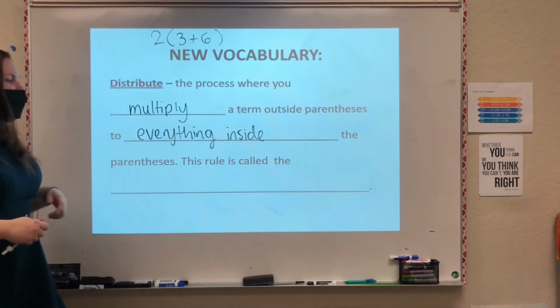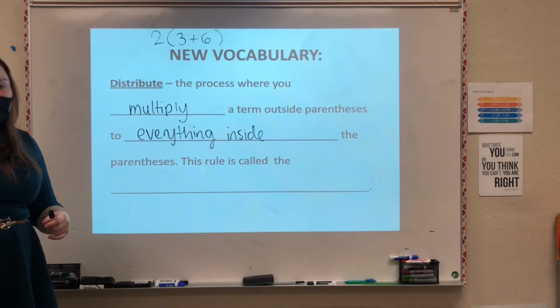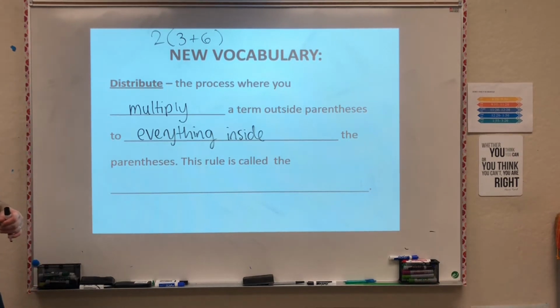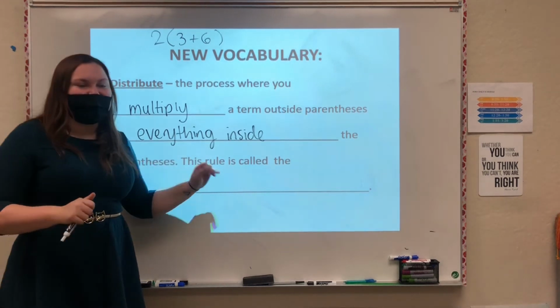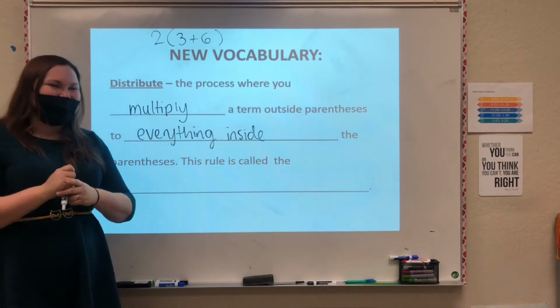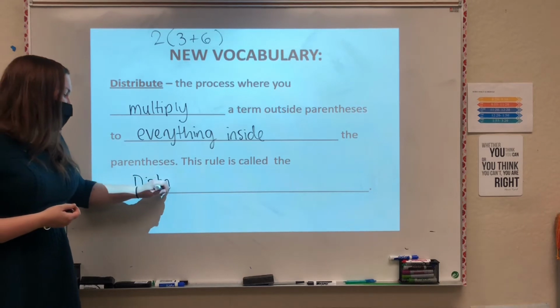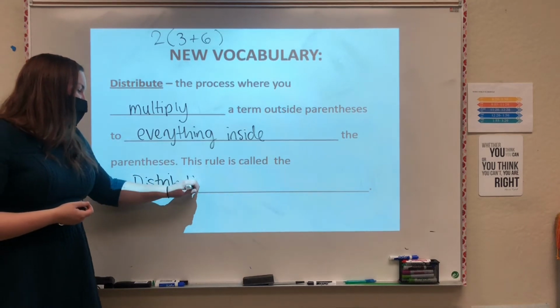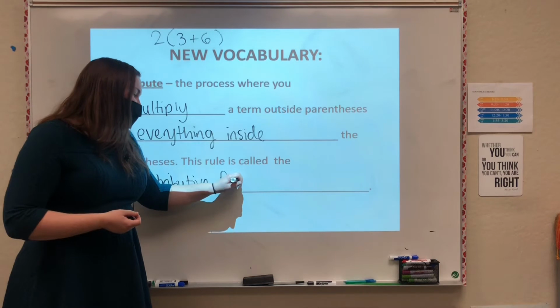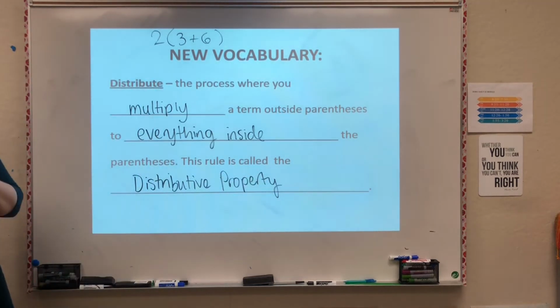You can hear the word distribute, distributing, or distribution. In math, the rule that says this is a legal thing to do is called the distributive property. They all are talking about the same thing.